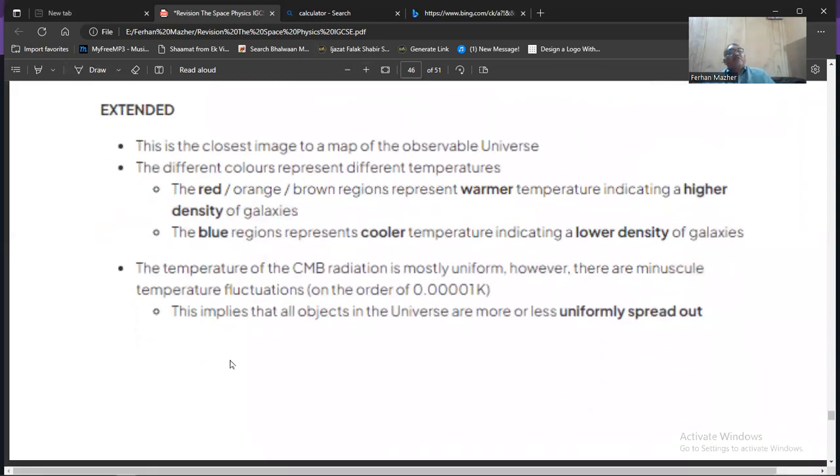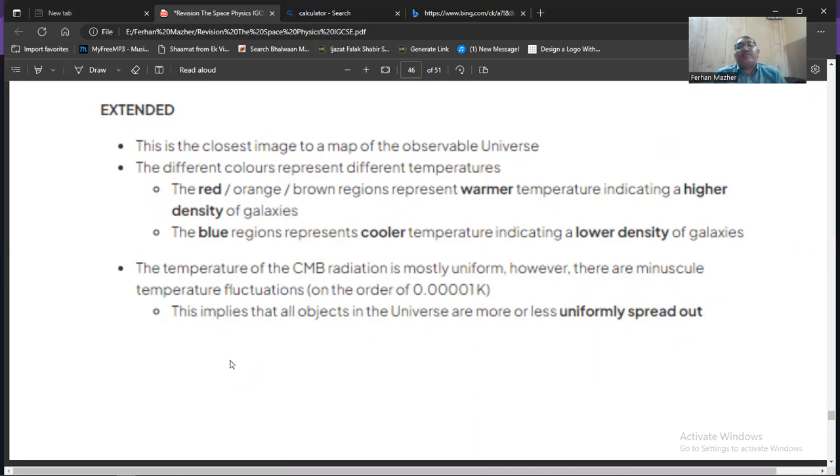This is the closest image to a map of the observable universe. The different colors represent different temperatures. The red, orange, brown regions represent warmer temperature, indicating a higher density of galaxies. A blue region represents cooler temperature, indicating a lower density of galaxies.